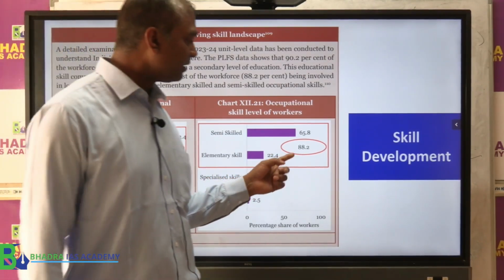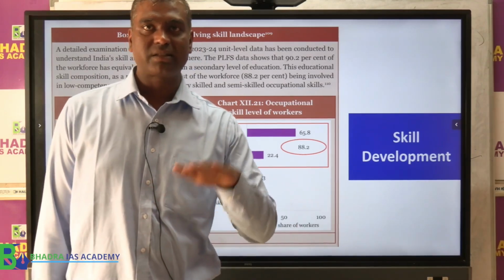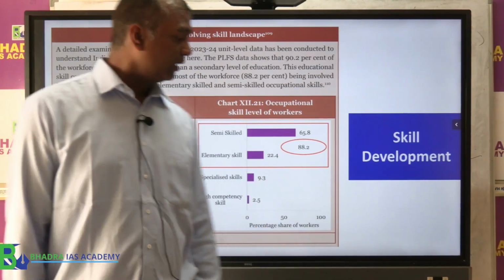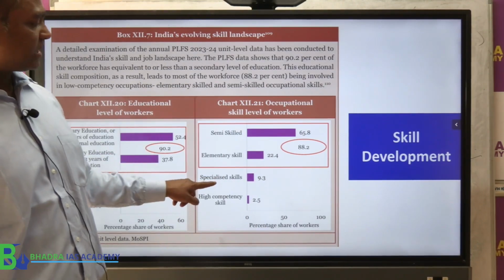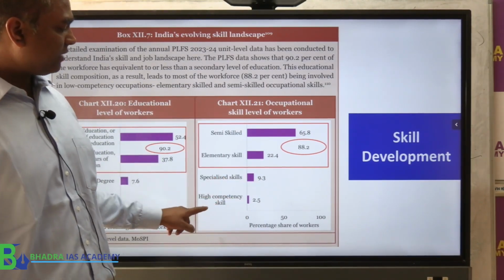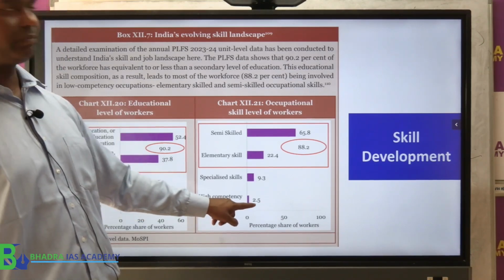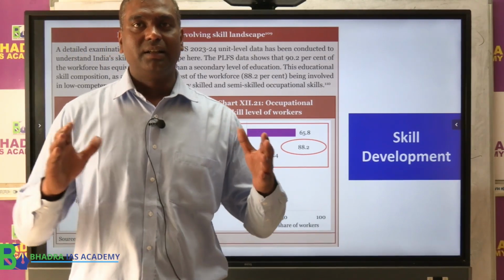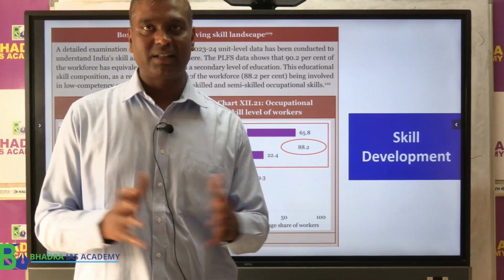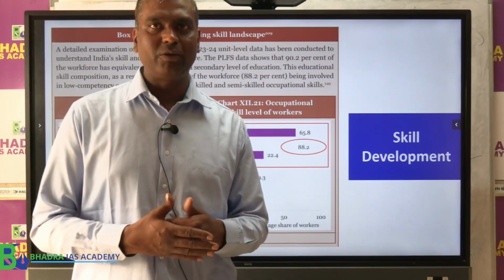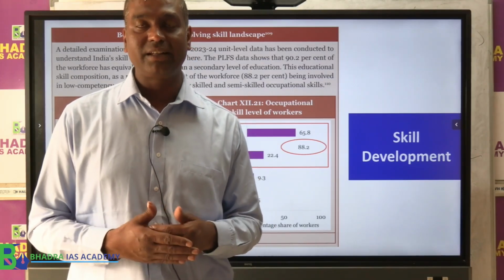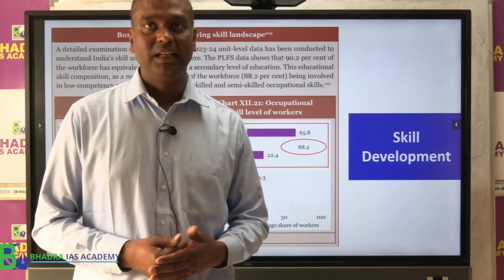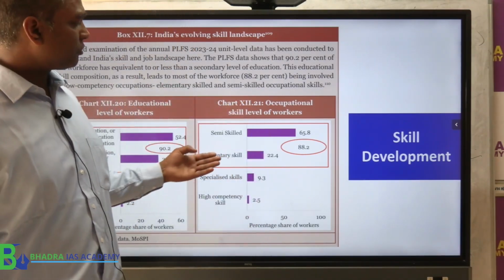Therefore, their income level also remains low. Whereas specialized skills are only 9%, and high competency skills only 2% of workers. So what is the scenario that has been created? People are not really going for skill development or training, even education for that matter.